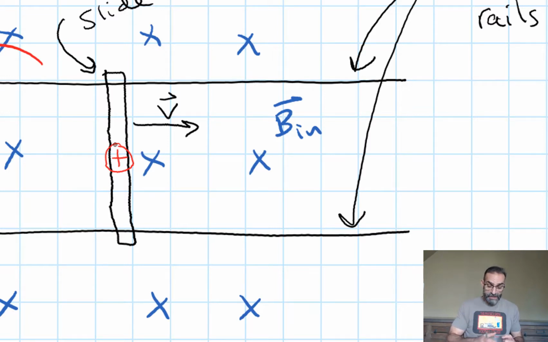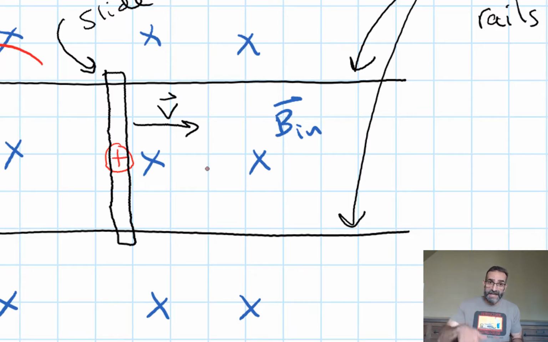And if this bar is moving to the right with some velocity, we've got a charged particle sitting in this conductor. What is a conductor? It's a material where the charges are free to move. So we've got a charged particle moving to the right.